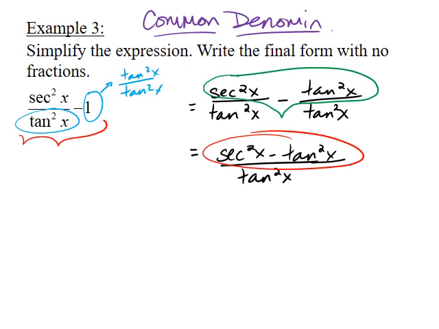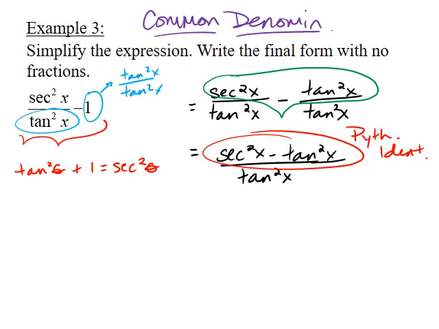Okay, so looking at this, if you see something squared, see if it will fit one of the Pythagorean identities. In this case, it does fit a Pythagorean identity, but it's going to be a Pythagorean identity that's manipulated a little bit. Recall, tangent squared of theta plus 1 is equal to secant squared of theta.